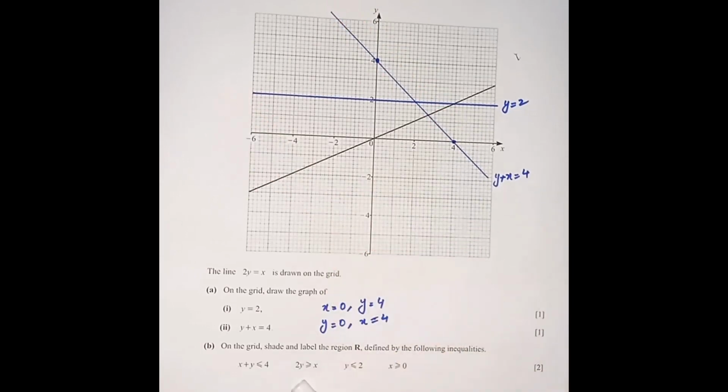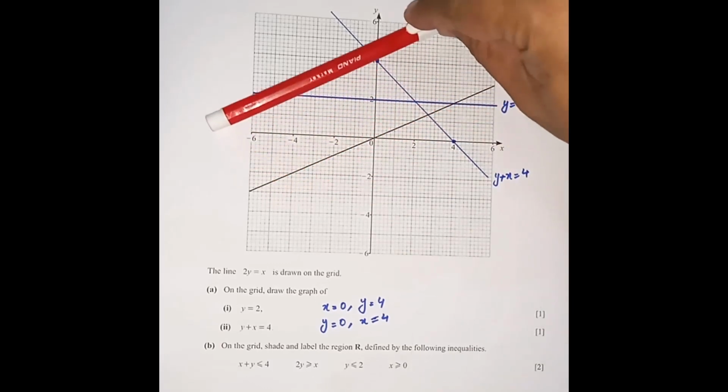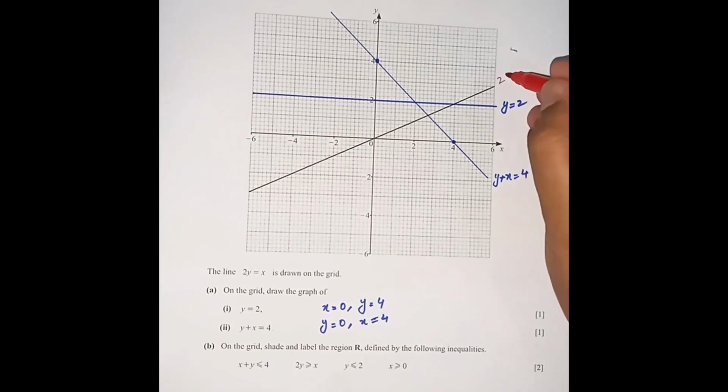Okay, so 2y is greater than x, so it means from here to there. This one is as given 2y is equal to x.